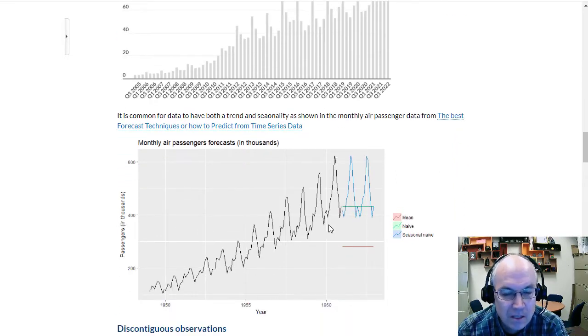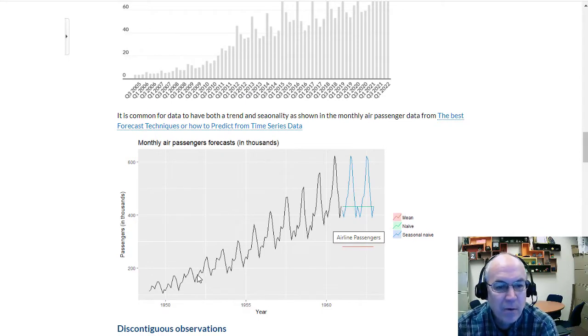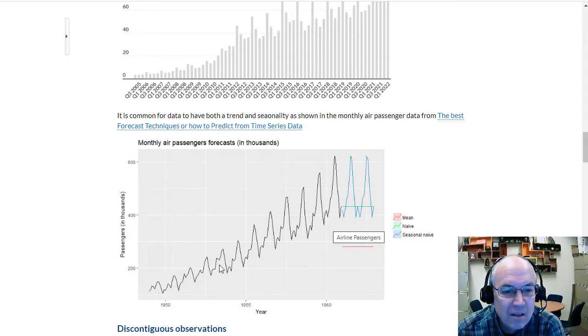Now, what is even more challenging is when these are both combined, when we have some sort of seasonality to our data and also a trend line. So this is monthly airline passengers in thousands from 1950 to 1960. The number was increasing, and it's also very seasonal and has different blips. It follows a set kind of pattern for ups and downs. So again, this often requires both things.